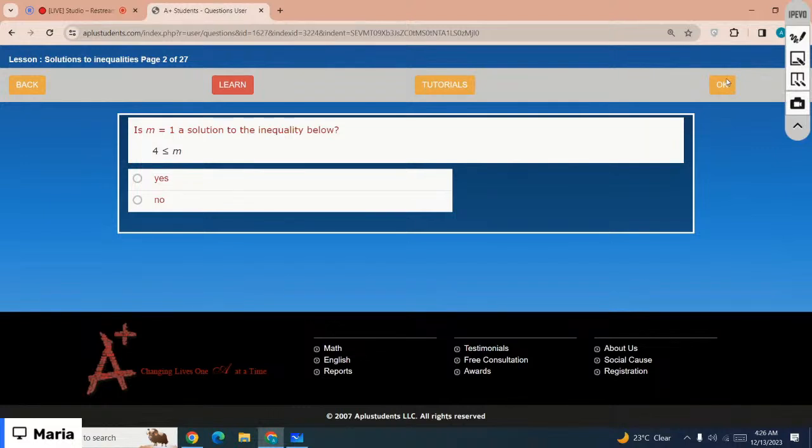Okay, is m equals 4 a solution of the inequality below? Which is the correct option? 4 is less than or equal to 1. Yes or no?